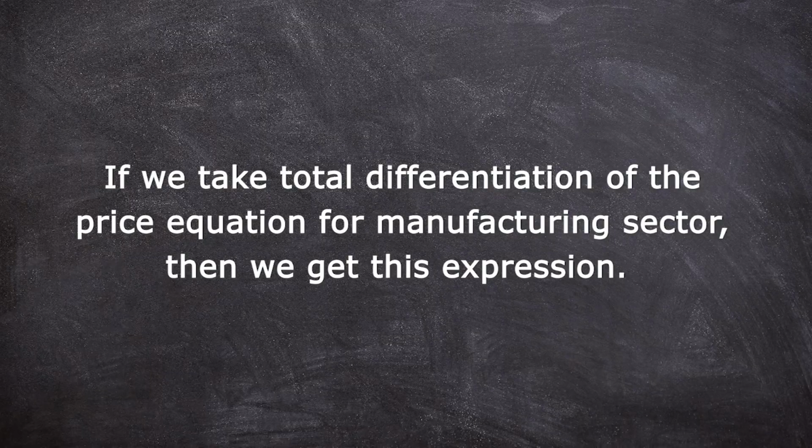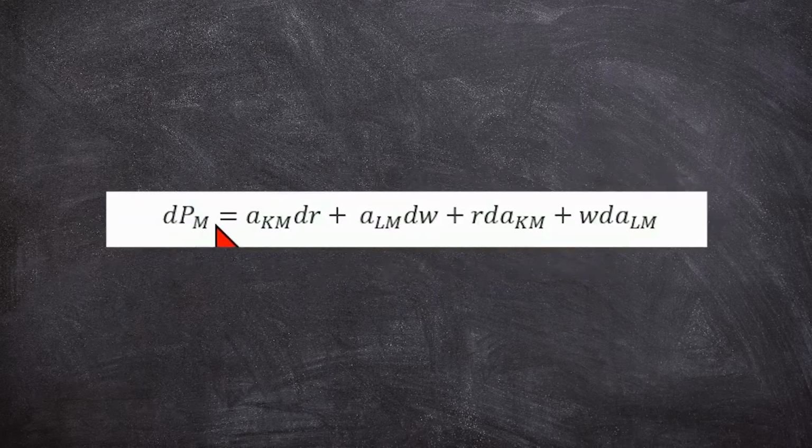So PA, the price of the agricultural product, is the same in the domestic market as well as in the international market. Now if we take the total differentiation of the price equation for the manufacturing sector, we get this expression. dPM is equal to AKM into dR plus ALM into dW plus R into dAKM plus W into dALM.